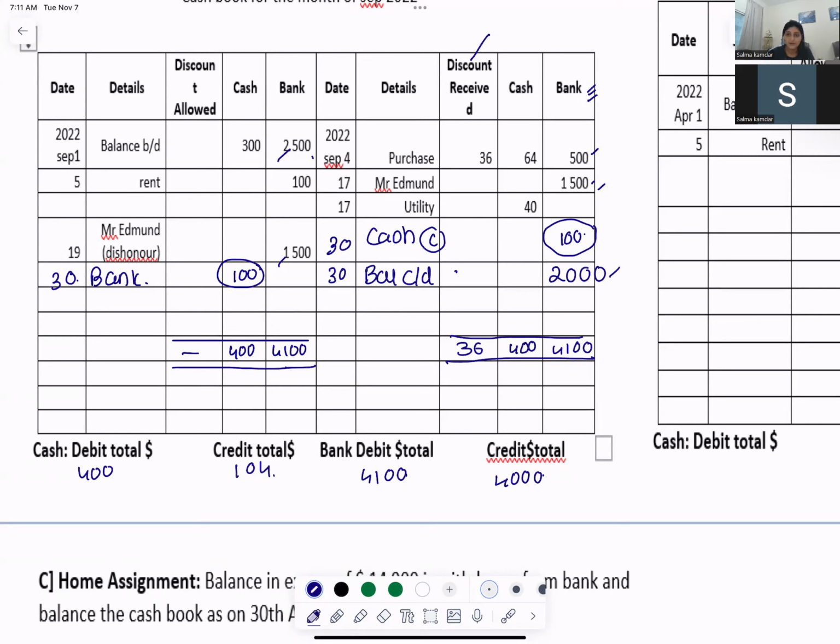So 400 less 104 will give you a balance closed down of cash on the credit side of 296. And the same will become your balance brought down on October 1, 296 and 2000. Let's do the next one.